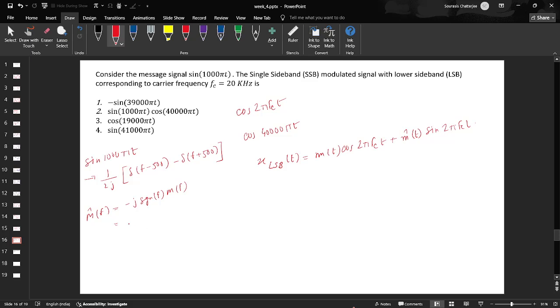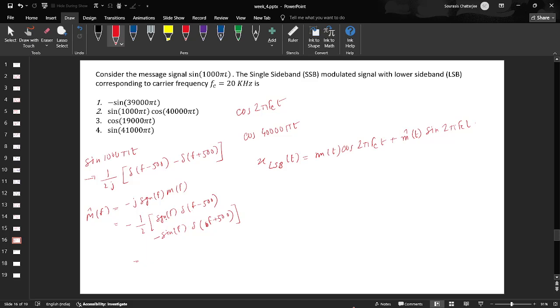So what I am going to get here is −1 over 2 [sgn(f)δ(f−500) − sgn(f)δ(f+500)].